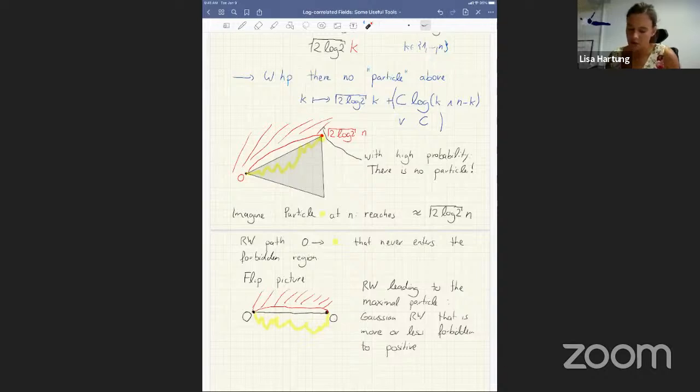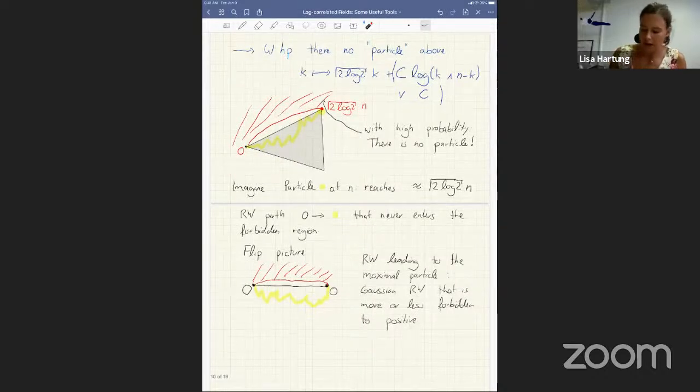And of course now in this picture, I have told this guy where to end. So essentially what this is, is a discrete time Brownian bridge.